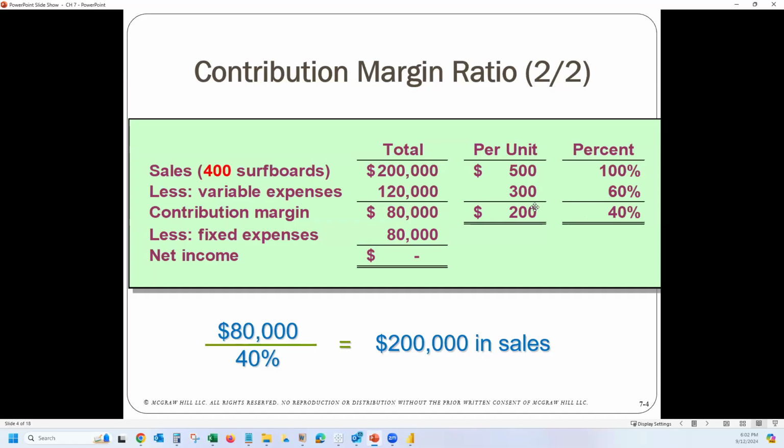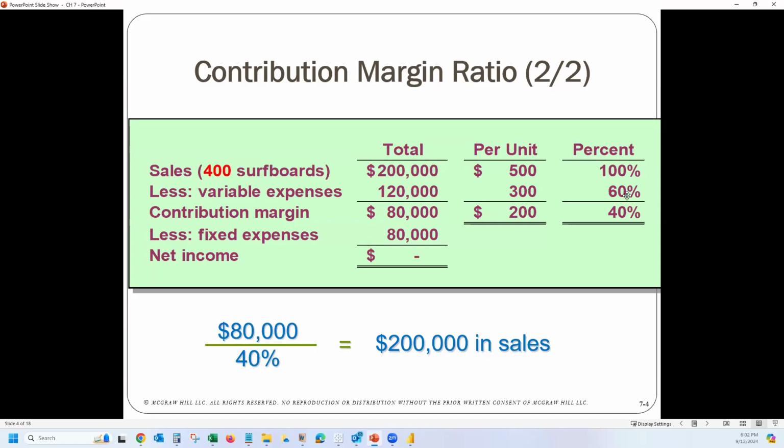If we look at the softboard as 100%, and then the variable cost out of this, say 300 divided by 500, that is 60% of the selling price. In other words, 120,000 divided by 200,000.